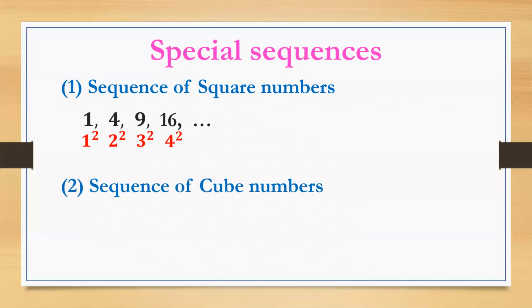Similarly, we have the sequence of cube numbers. So 1, 8, 27, 64 will be the sequence of cube numbers. Because 1 to the cube is 1, 2 to the cube is 8, 3 to the cube is 27, 4 to the cube is 64.